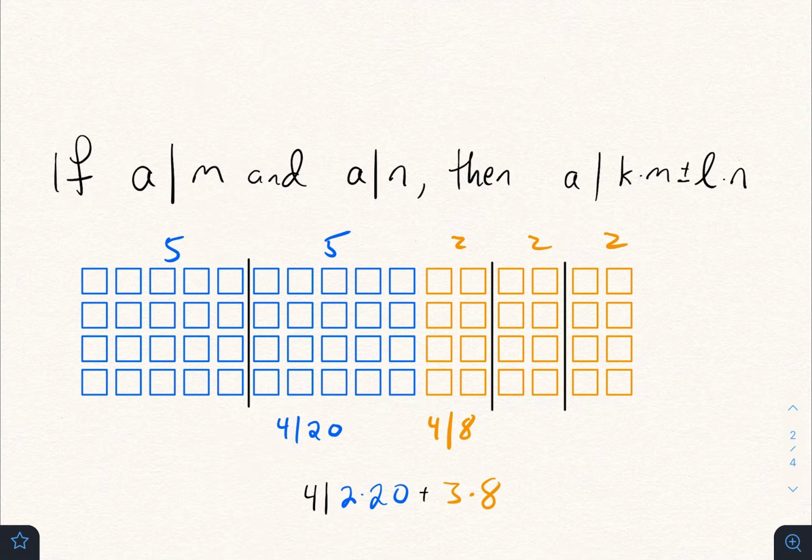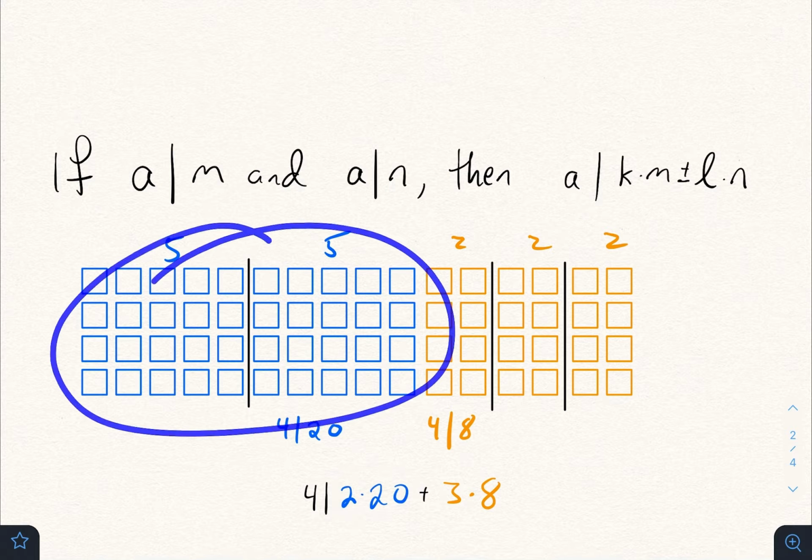I'll explain why the minus is there in a second, but let's just pretend that there's a plus for now. So 4 divides 20 and 4 divides 8, right? The claim would be that 4 divides a multiple of 20 plus a multiple of 8. So here I have 2 groups of 20, and I have 3 groups of 8.